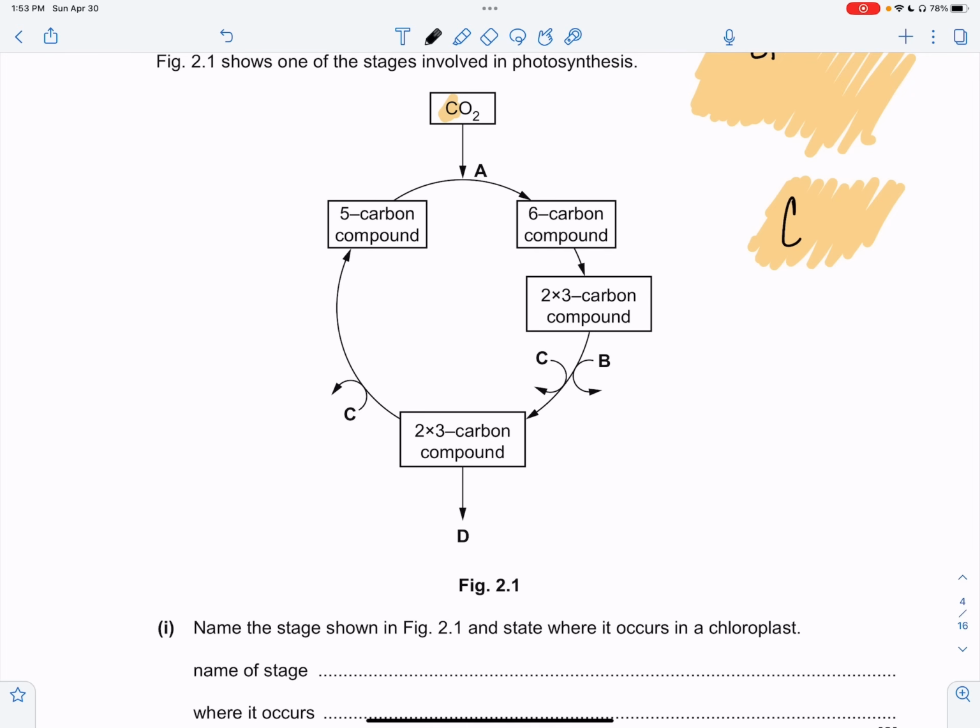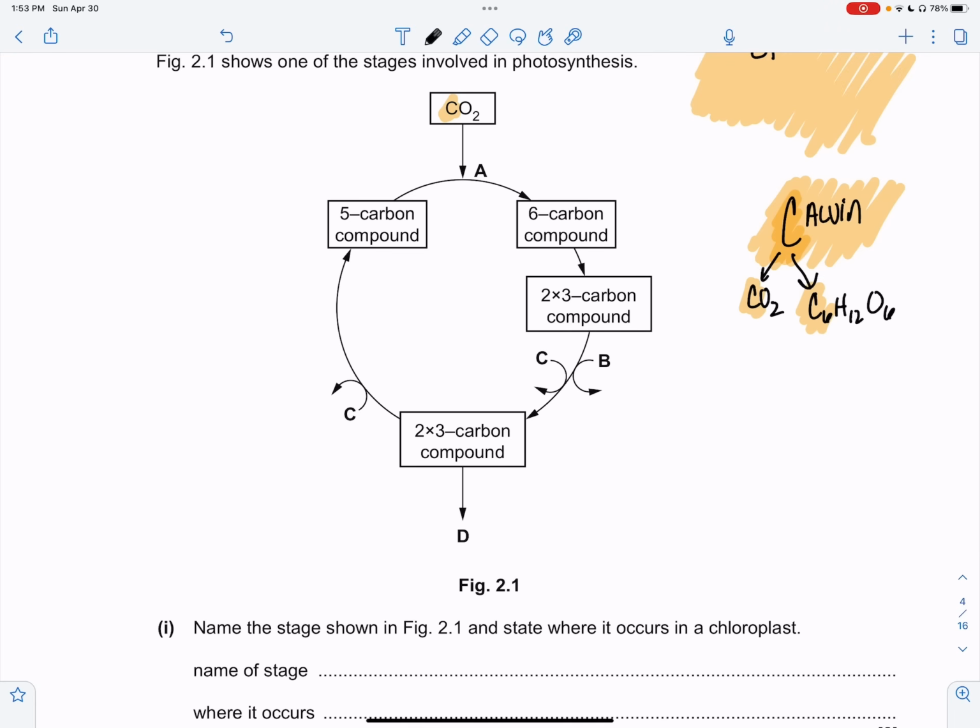Because it's the Calvin cycle, but you have CO2, and it's synthesizing C6H12O6. So that's why I call it the C cycle, because this is where CO2 comes in, and then glucose is synthesized and released.